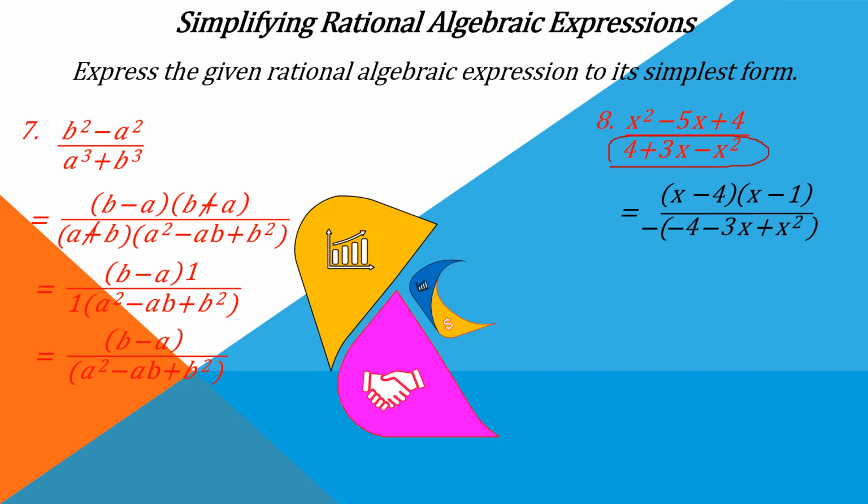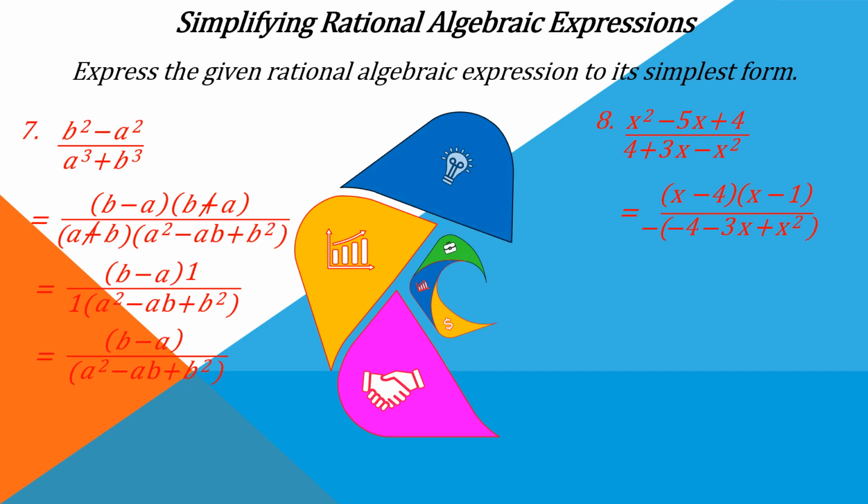Therefore, 4 will become negative 4, positive 3x will become negative 3x, and negative x squared will become positive x squared because of this negative sign. And rearranging the denominator, we have x minus 4 multiplied by x minus 1 divided by negative multiplied by x squared minus 3x minus 4. Now, we can factor our denominator.